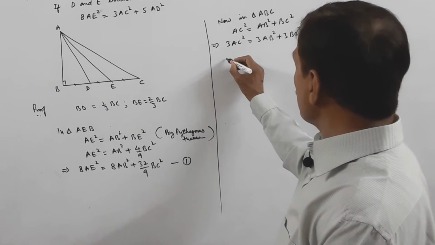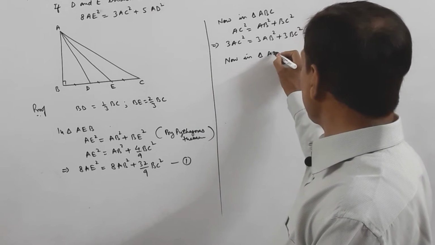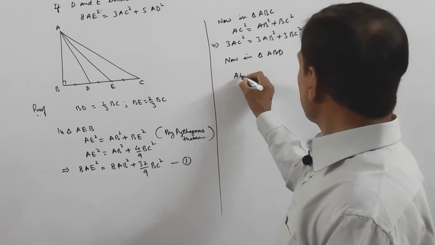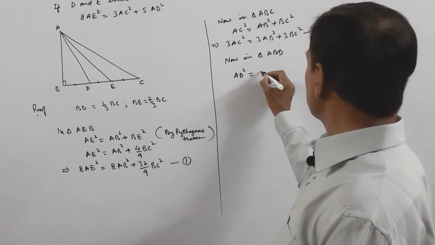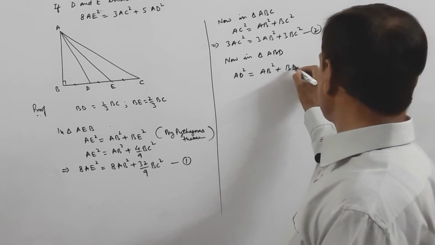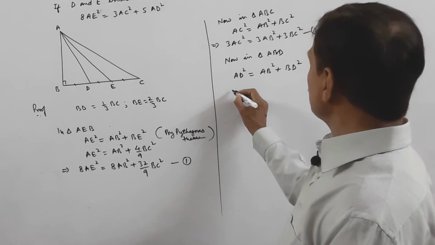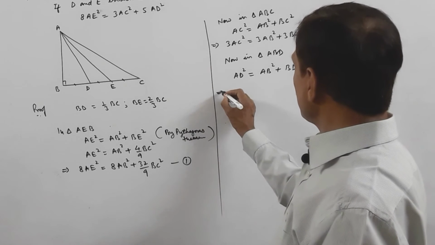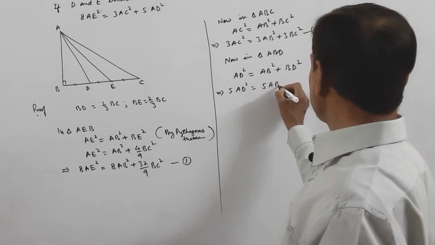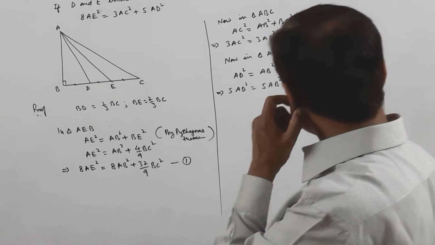Now we consider triangle ABD. Now in triangle ABD, AD square is equal to AB square plus BD square, or 5 times of AD square is equal to 5 AB square plus 5 BD square.